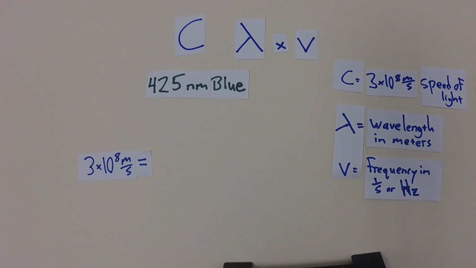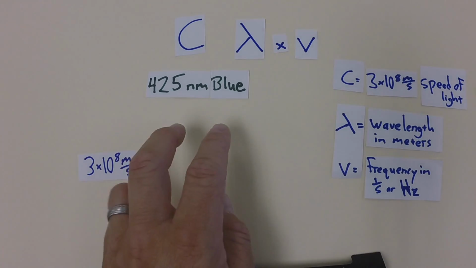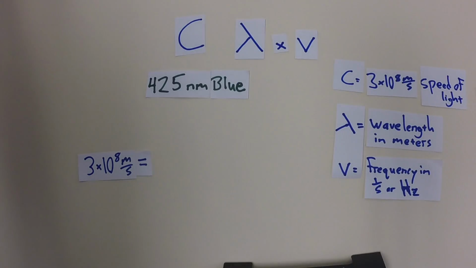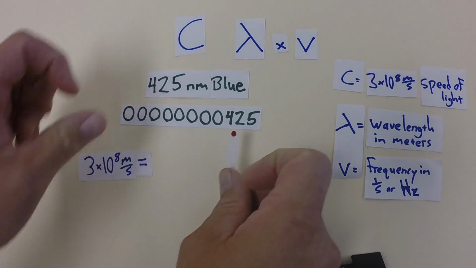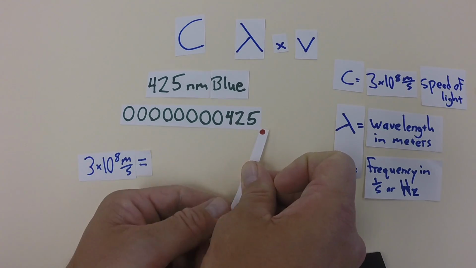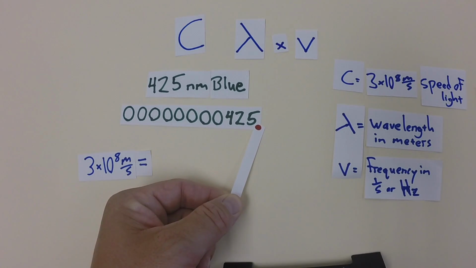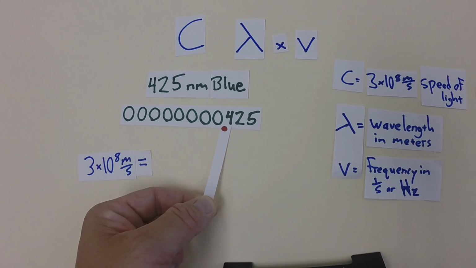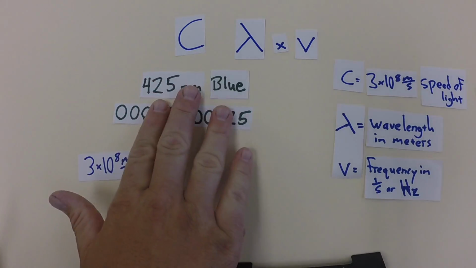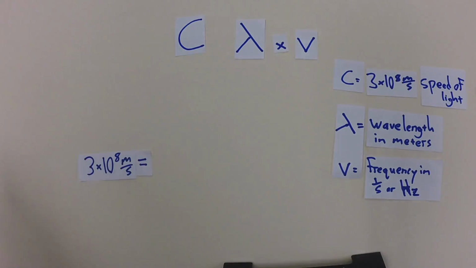Now you may remember in one of the previous videos, we converted 425 nanometers to meters. To do that, I take the decimal and I move it to the left 9 places. And that's the same as dividing by 1 billion. 1, 2, 3, 4, 5, 6, 7, 8, 9. And of course, then I can put that in scientific notation.